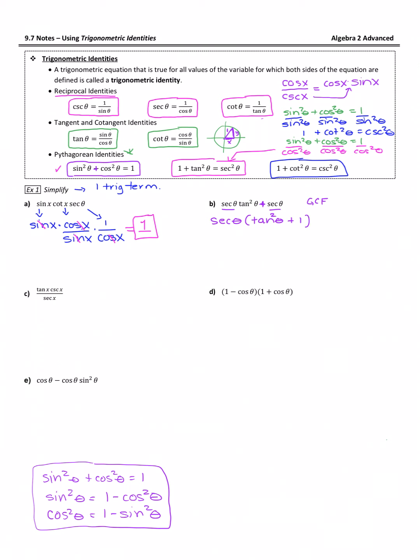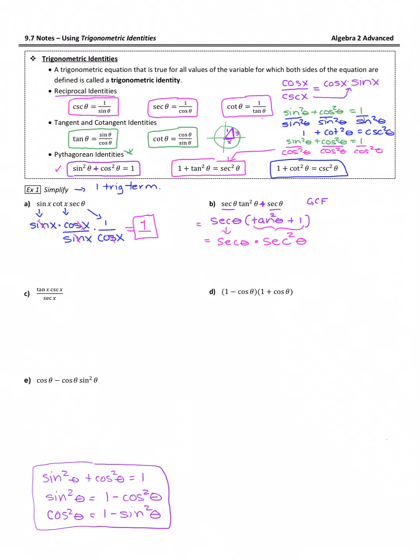Now, here's that mantra. Anytime you see something squared plus 1, check against your Pythagorean identities. So secant stays as is, and then tangent squared plus 1 turns into secant squared theta. That's that middle Pythagorean identity.